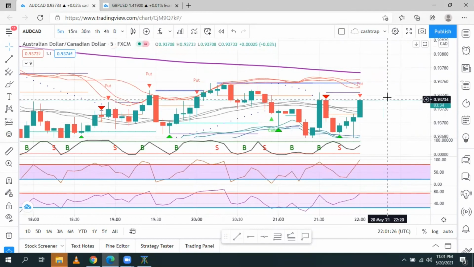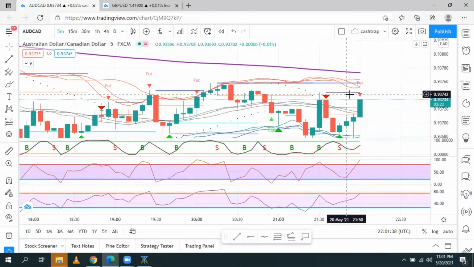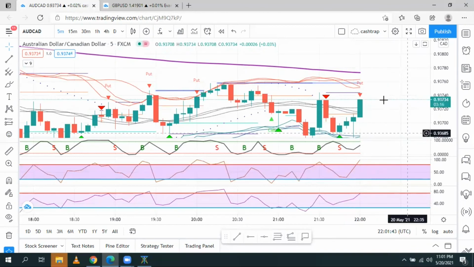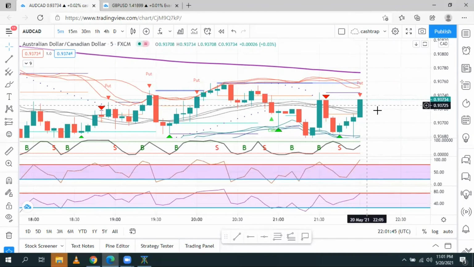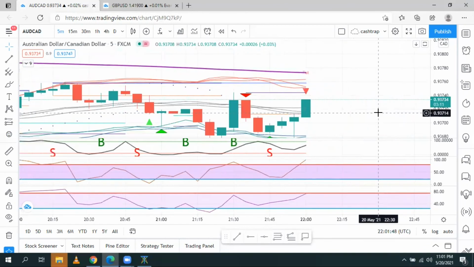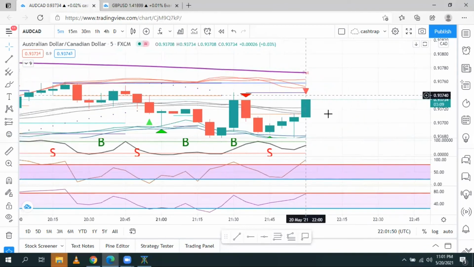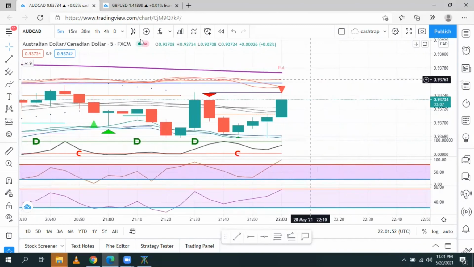But if you can wait for it to get to that point of resistance, which is this line right here, you can even see the automated support and resistance is already giving you the line to wait for. That's when you see it going down. But the arrow is already giving you a quick spot.